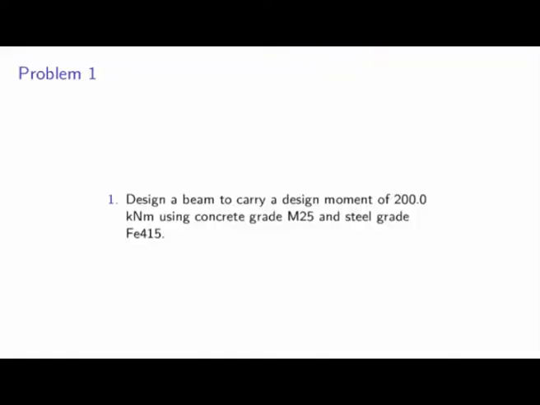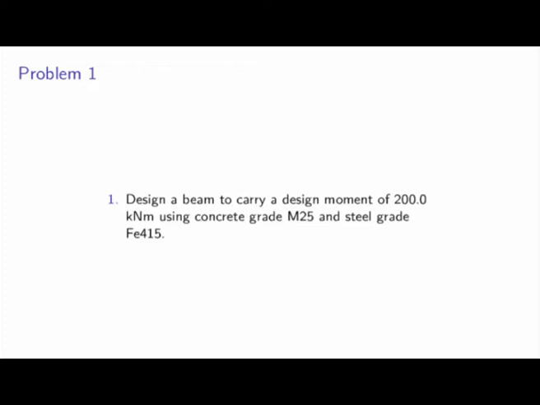Design of reinforced concrete structures, let us see a few problems and then it will be clear what we are going to do. Let us consider the first problem: design a beam to carry a design moment of 200 kilonewton meter using concrete grade M25 and steel grade Fe415. So this is your objective. Now the question is, where did you get this 200 kilonewton meter from?